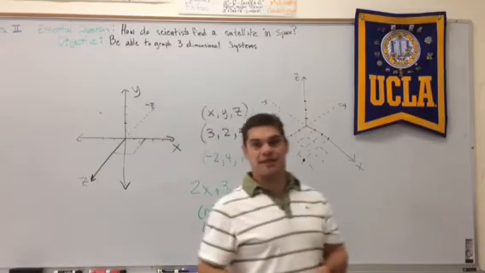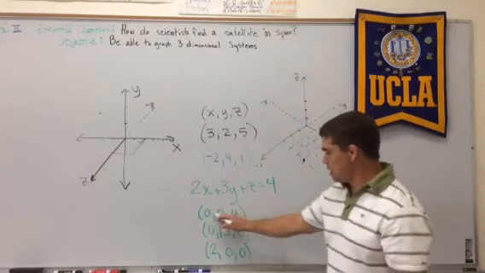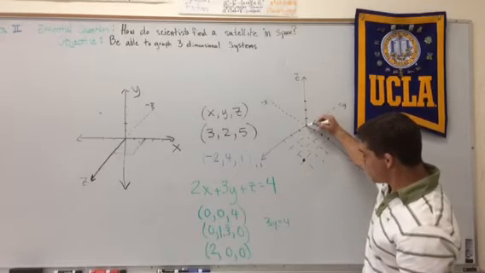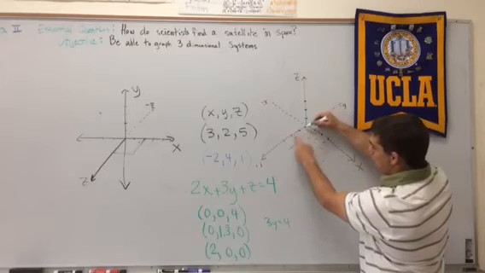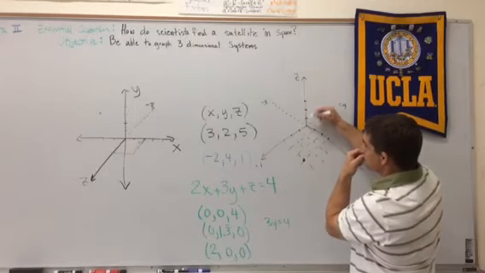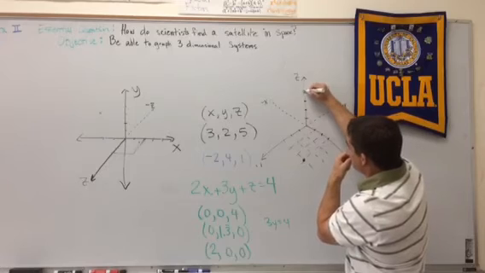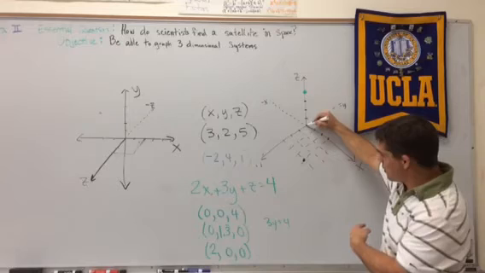Now I can easily graph these points. 0, 0, 4. Go 0 in the x direction, 0 in the y direction, and then go up 4. So we don't go anywhere, we just go up 4 units. There's a point. Go 0 in the x direction, we don't go anywhere here.